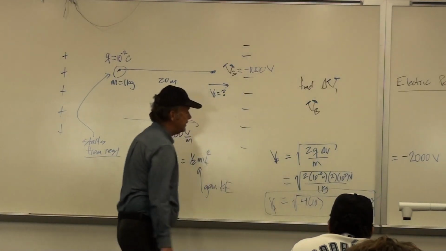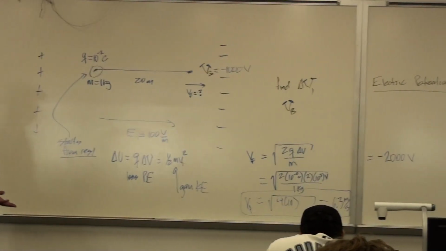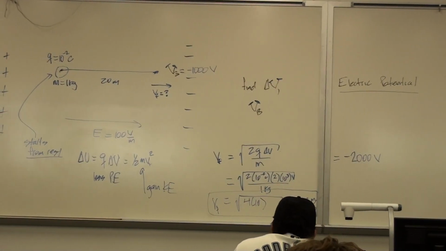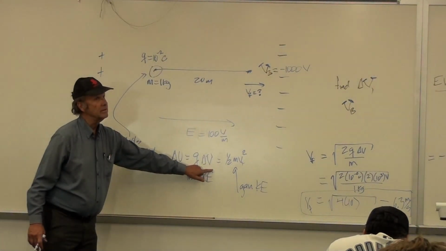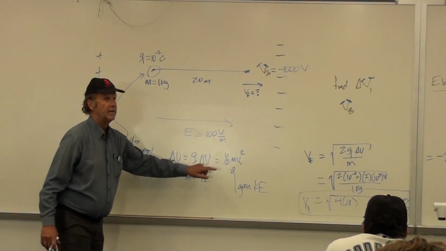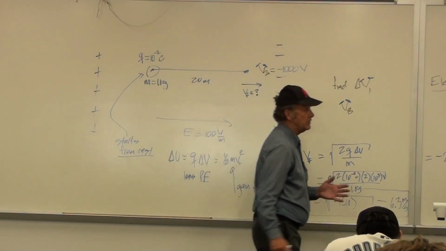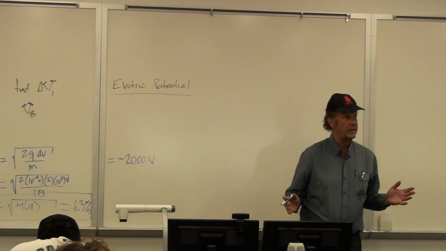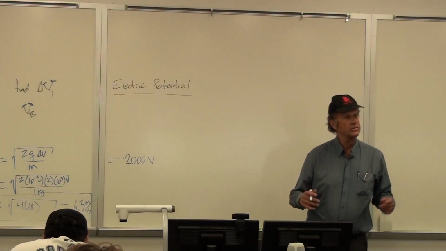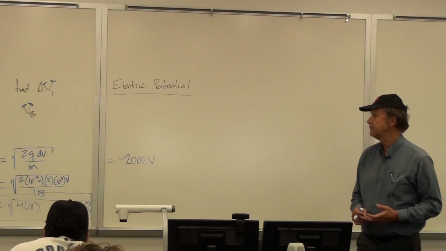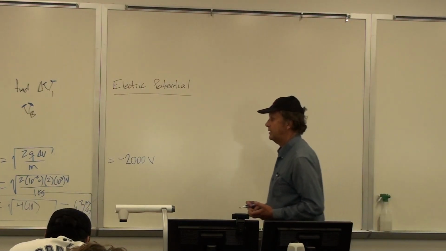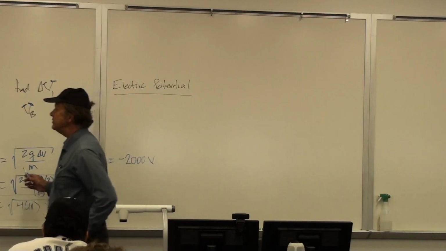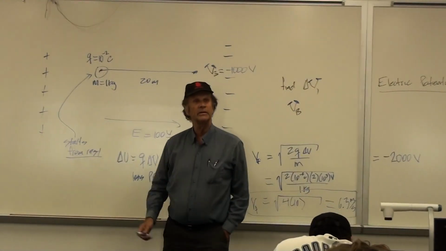We could have done it with acceleration and kinematics equations, but we could also do it with energy, a little cleaner, a little faster, just one step. If you have to use kinematics and acceleration, first you have to calculate the acceleration, then find the right kinematics equation that gives you the final velocity. A lot of times the energy method is better. And the energy method works even if the electric field changes.